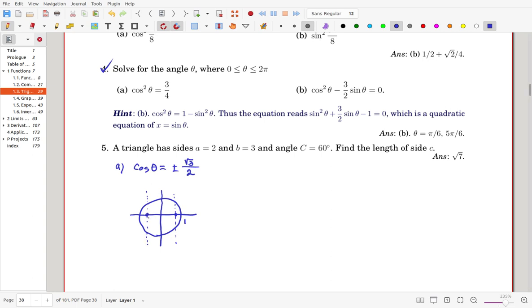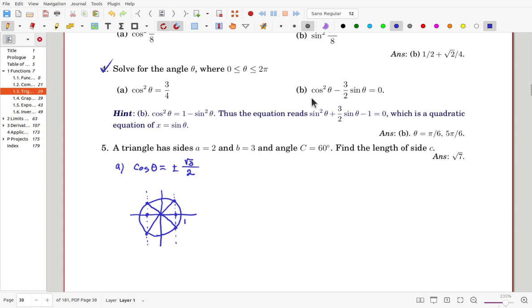So you have the touching points, and from positive square root of 3 over 2 you have this angle and that angle, and from negative square root of 3 over 2 you have this angle and that angle. So it has 4 angles. Because of symmetry, after finding one you can easily get the other 3. Right? Okay, you can do it.